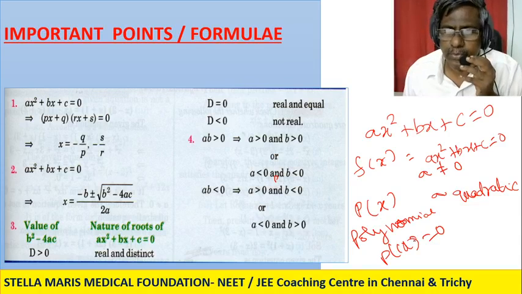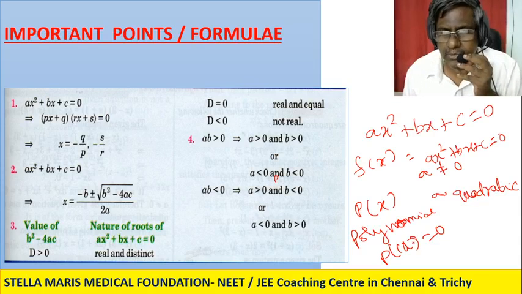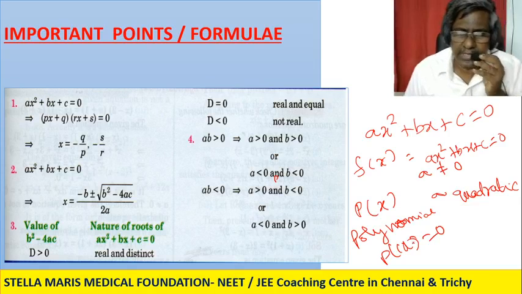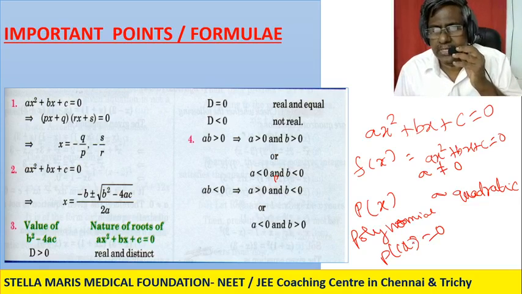The standard form is ax square plus bx plus c is equal to 0. On simple terms, see the coefficient of x square, that will be x square, x and constant.